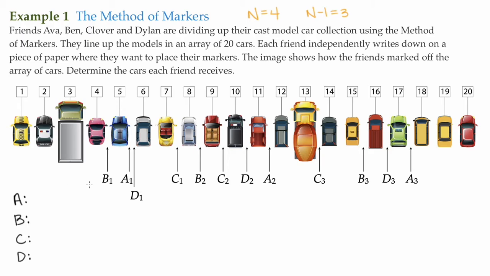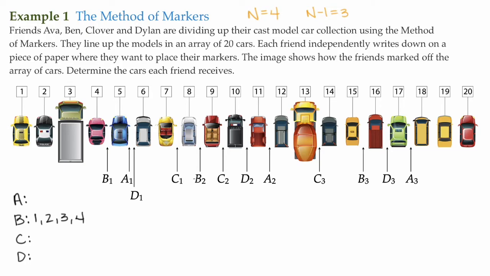So the first marker we come across is for Ben. So these are going to be the cars, or the section that's going to be given to Ben. And that's made up of cars 1, 2, 3, and 4. So he gets those items. So now continuing from there, we go down until we come across the second marker, and that will be with a subscript of 2, and we could see it's right here.